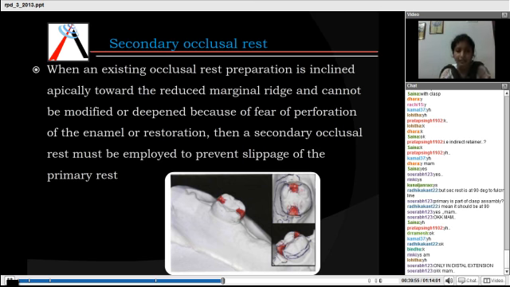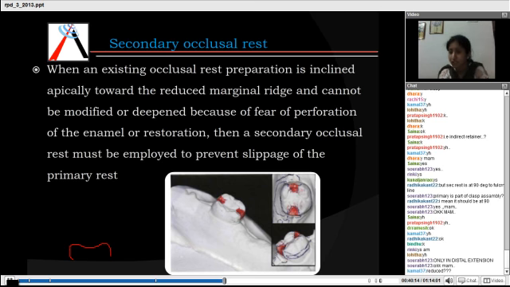What he says is, now if you have a tooth which has a reduced marginal ridge, okay, you have a tooth like this, your abutment tooth has a reduced marginal ridge. So if you try to make a deep rest seat, what will happen? Already your marginal ridge is reduced. You are reducing more.